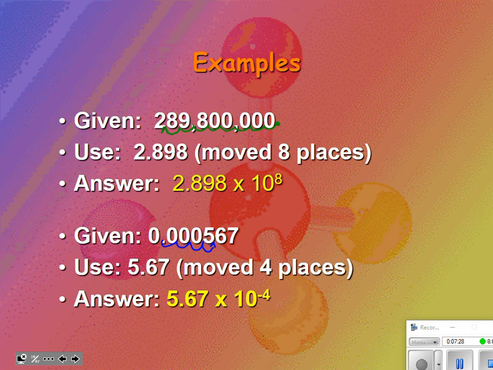So as I jump 4 spaces, my exponent's going to be 4. Is that number greater than or less than 1? Obviously, it's less than 1, correct? So that is going to give me a negative exponent. So my answer would be 5.67 times 10 to the negative 4th.